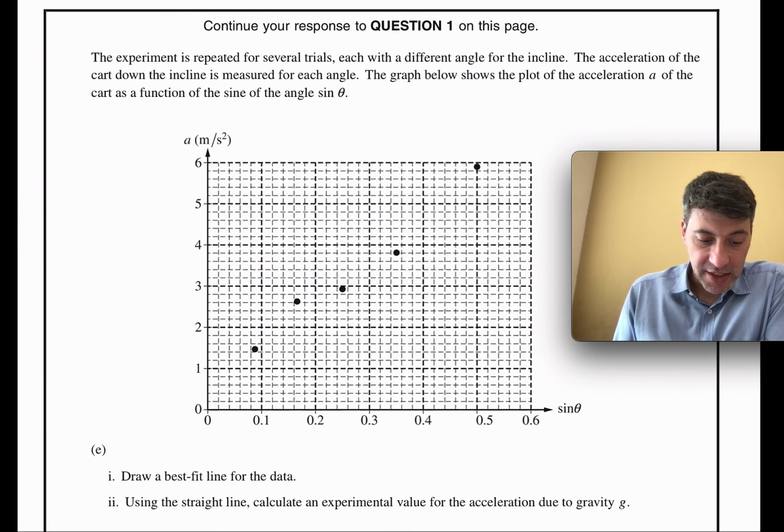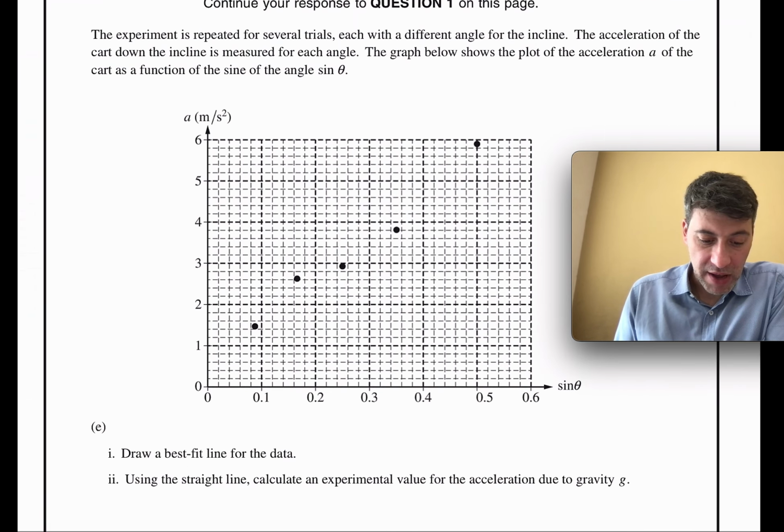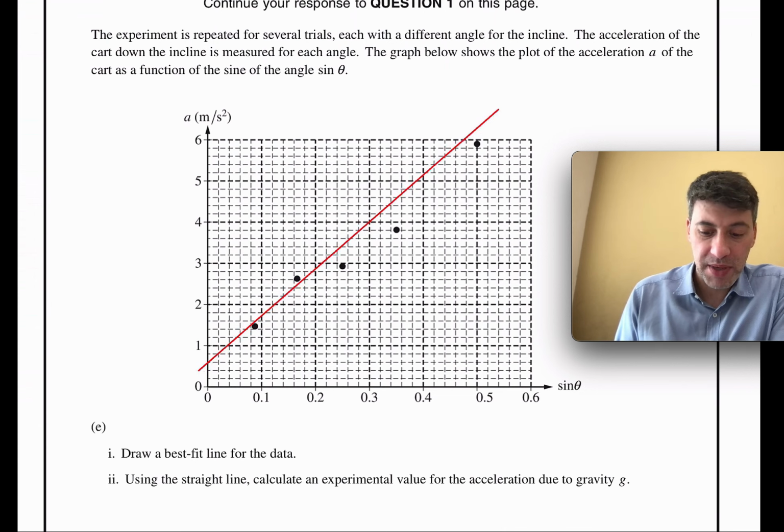And we proceed to the next part, where we have a graph of acceleration and sine of the angle, where immediately we need to draw the best fit line. We'll take a ruler and a pencil and try to draw a line that goes between the points. Some of the points should be a little bit above and some of the points should be a little bit below. Now my graph is not perfect.